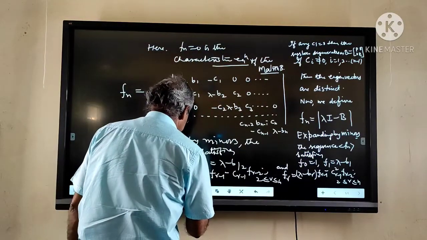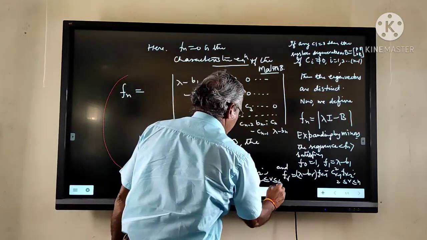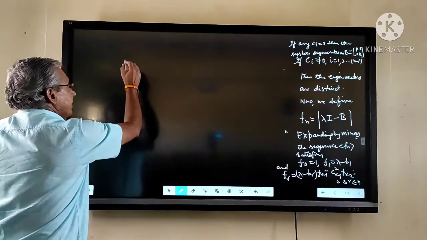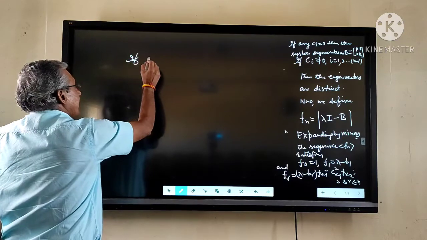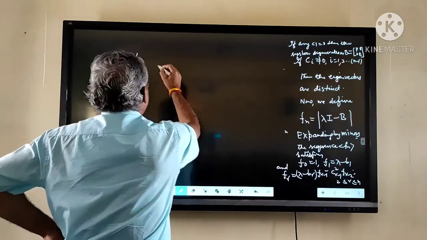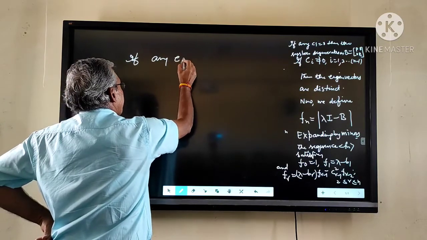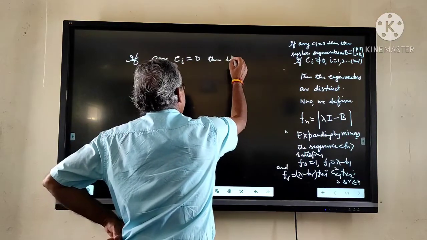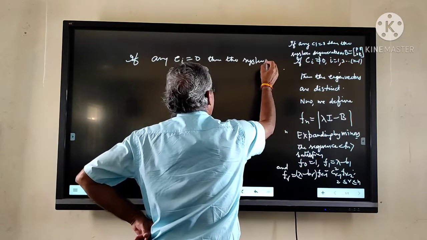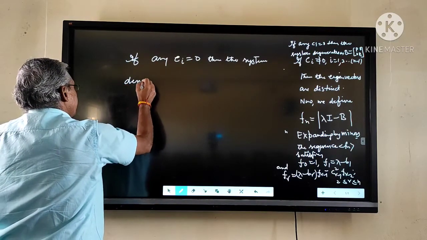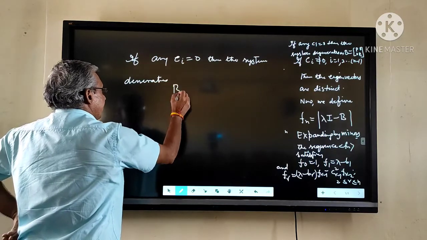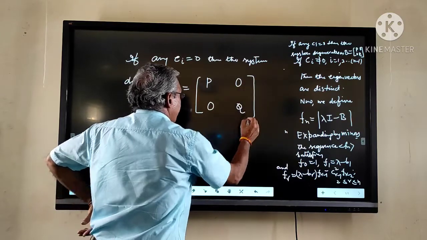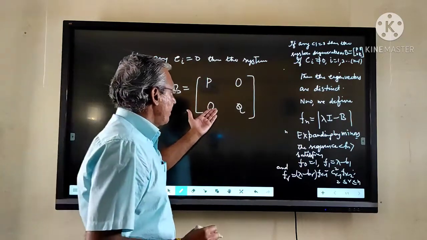Furthermore, if any Ci equals 0, then the system degenerates into the diagonal matrix B, which is P 0 0 Q. Here 0 is the null matrix, this 0 is also a null matrix.